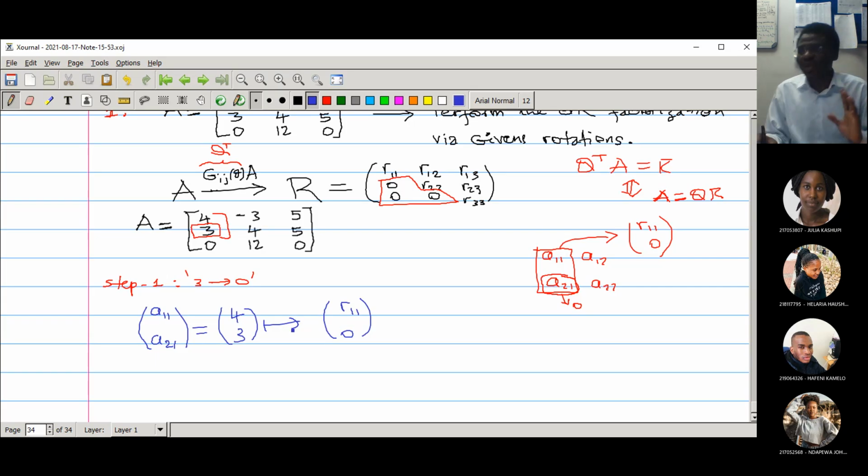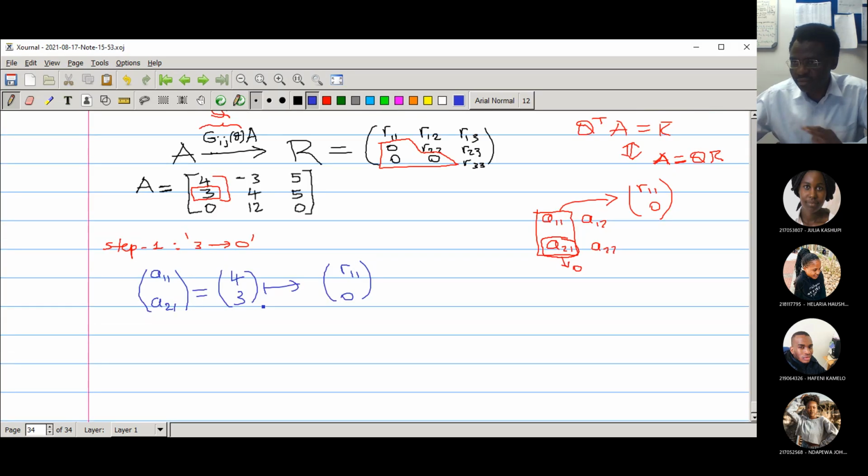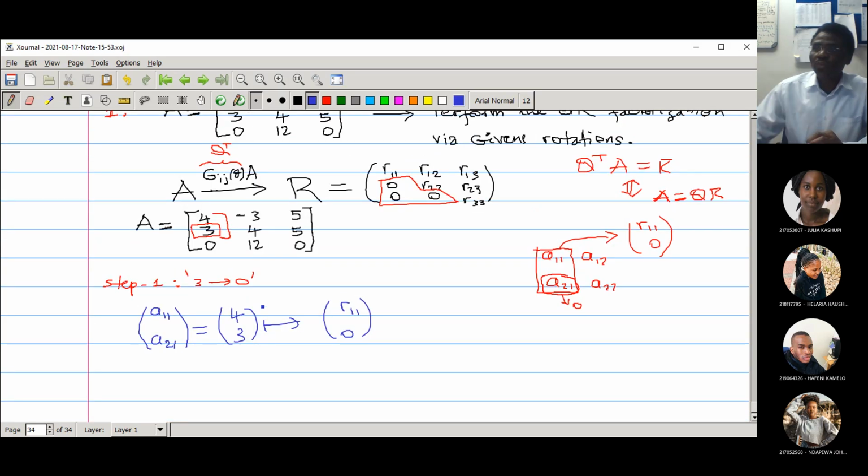So that is roughly what we are going to do. Now, to construct our Givens rotation, we know already that this entry is I, and the second one is J. Because we want a 2 by 2 matrix, this will be our I, and this will be our J.